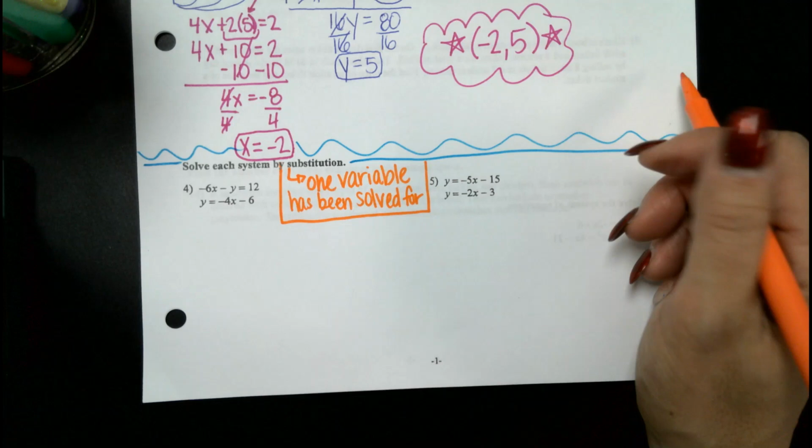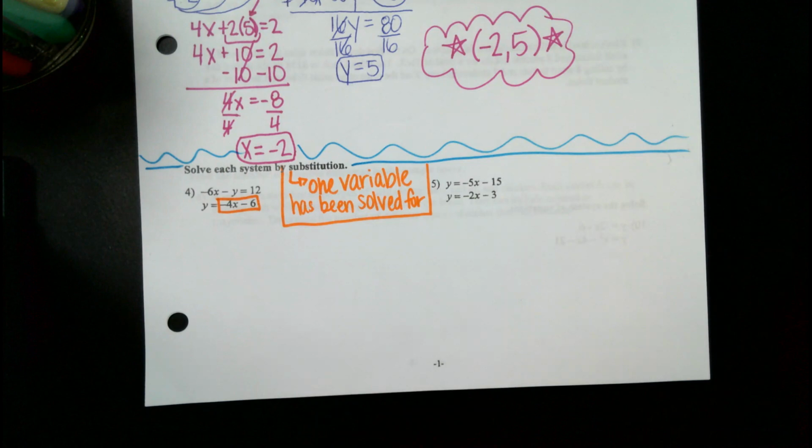Okay, number 5 is number 4. Always go to the equation where the letter is by itself. So this bottom one, and what I want you to do is put a box around it.